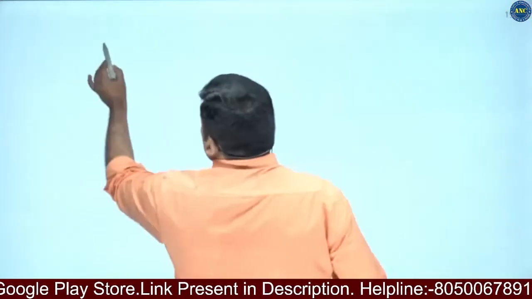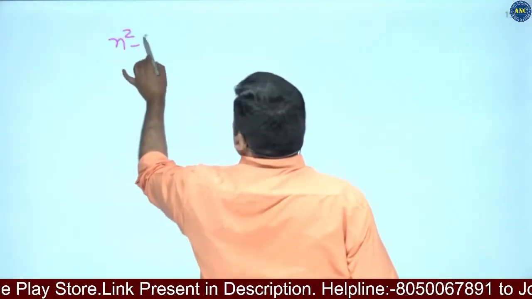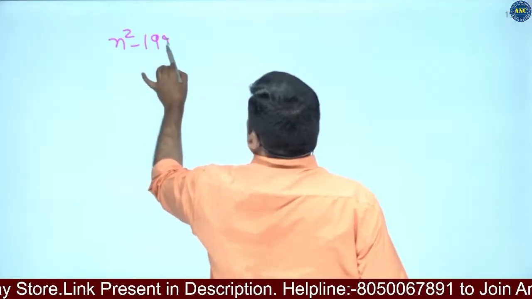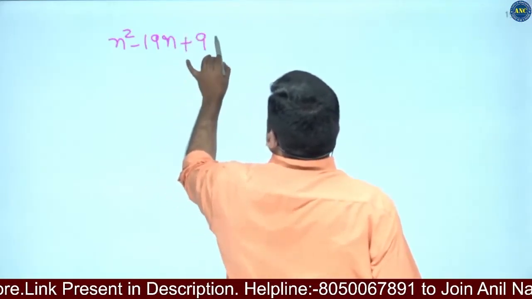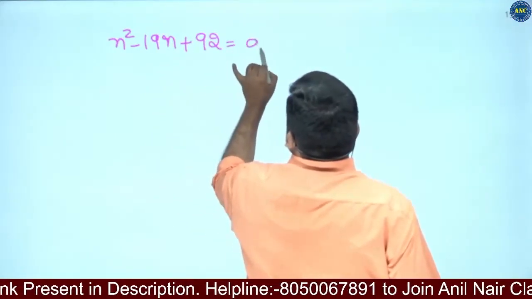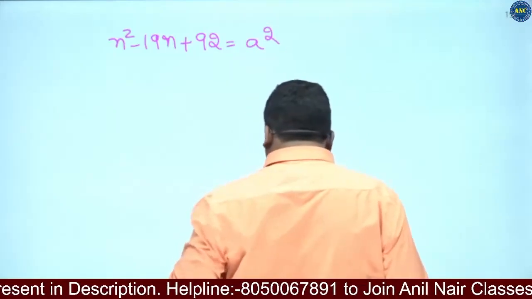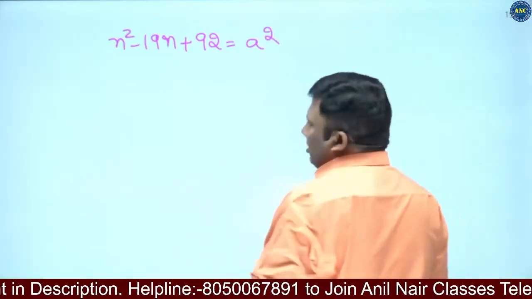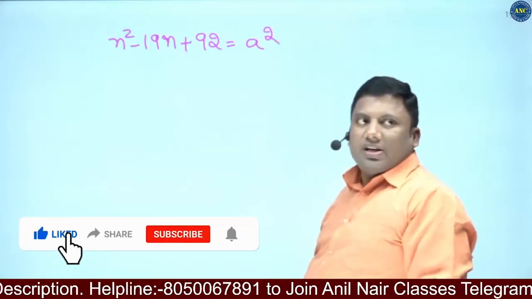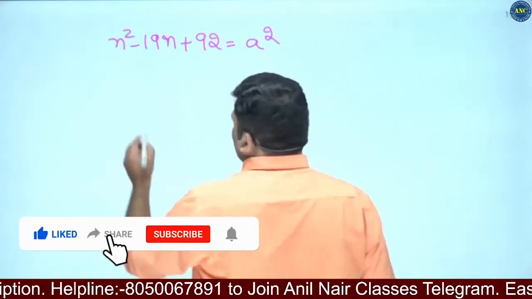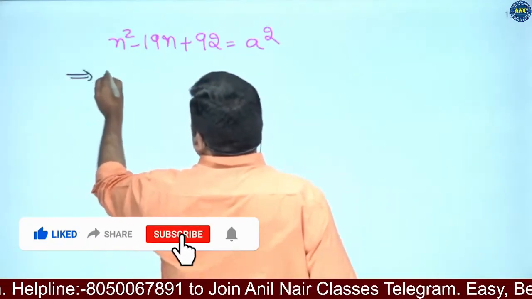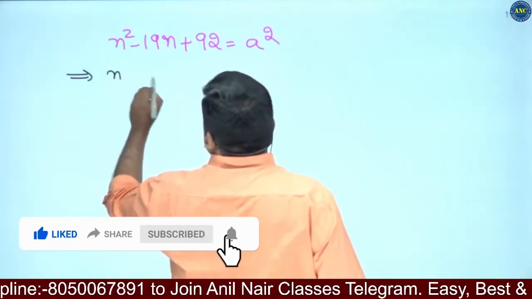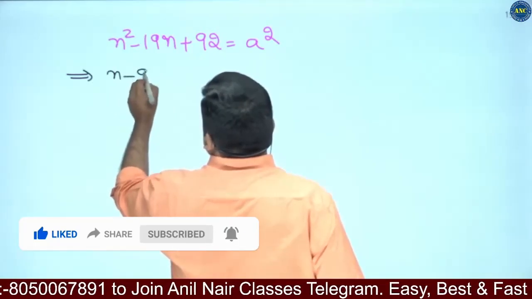Now let me show you another approach. Question is n square minus 19n plus 99. It is a perfect square. So this will become (n minus 9) whole square.